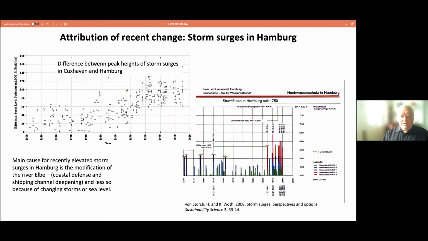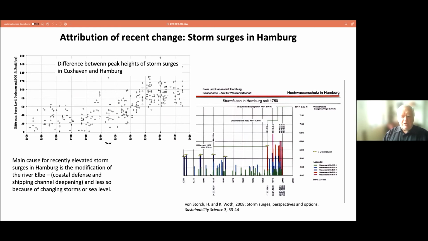One explanation is this: we look at the difference between the peak heights of storm surges in Cuxhaven and Hamburg. I guess I don't need to explain where these two locations are. We see that until about 1960 we had a difference of, let's say, 40 centimeters or less.